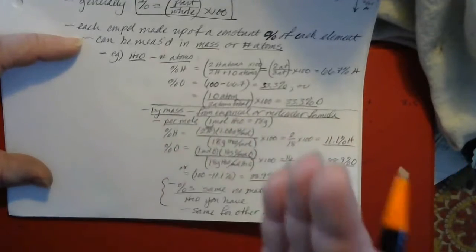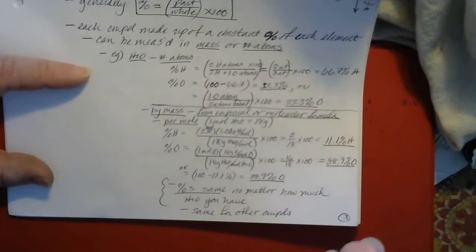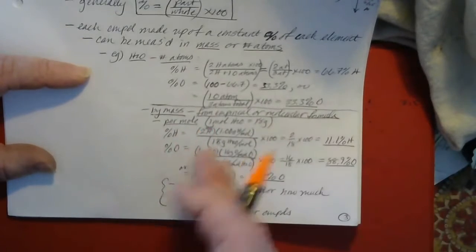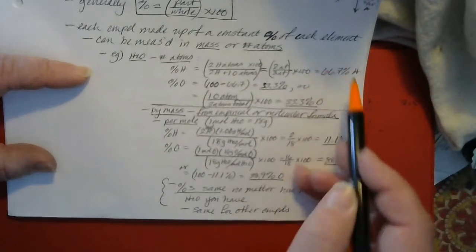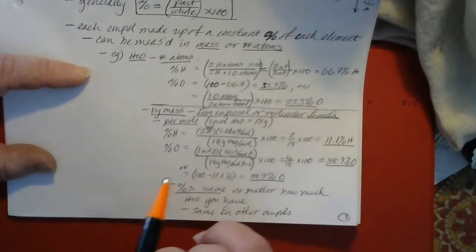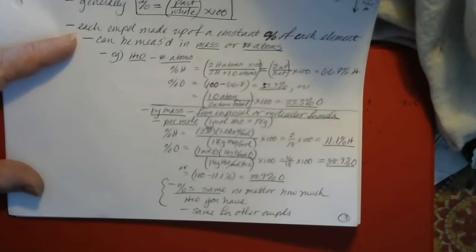If it's water, the formula of each molecule is H2O, and you will have twice as many hydrogen atoms as oxygen atoms, which means 2/3 of all the atoms present will be hydrogen, and 1/3 of all the atoms present will be oxygen. And that'll always be true, again, of water, no matter how much or how little you might have.